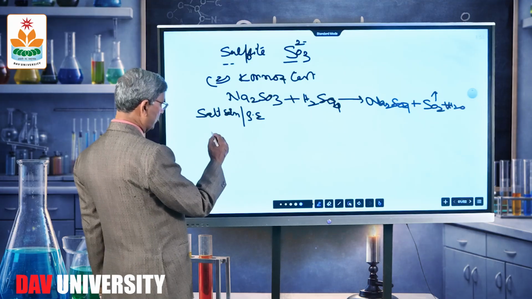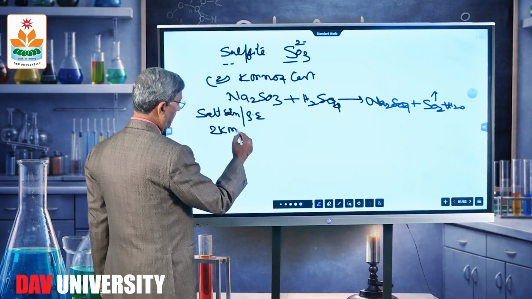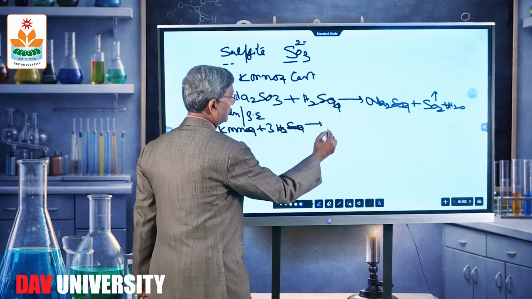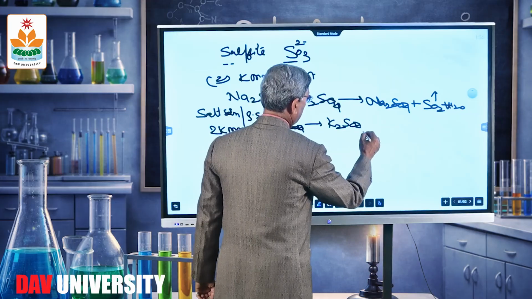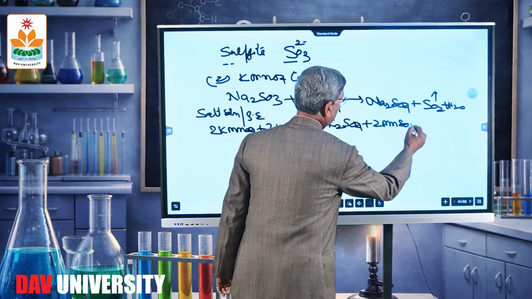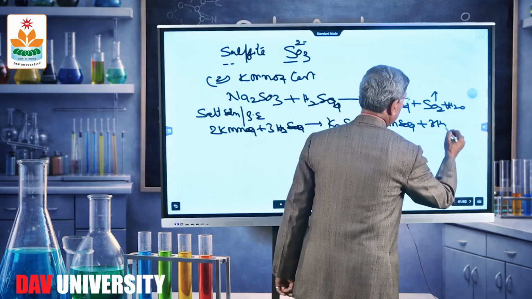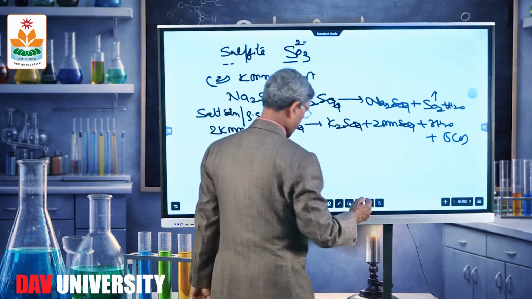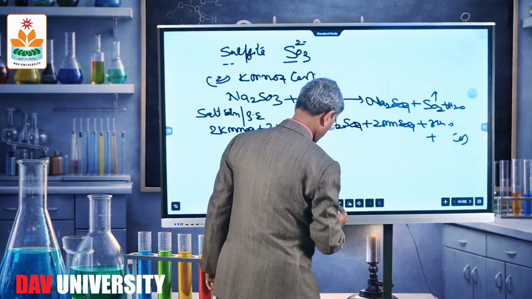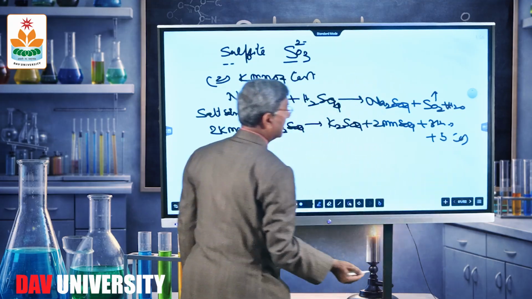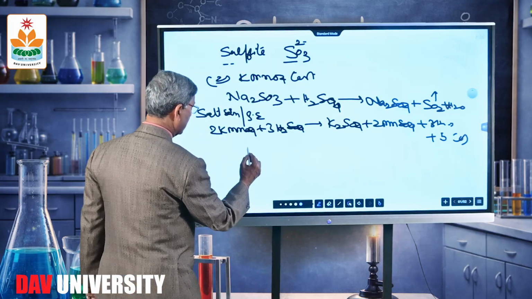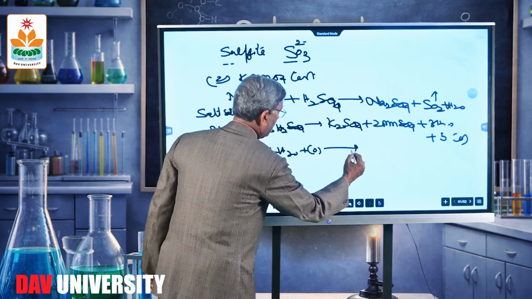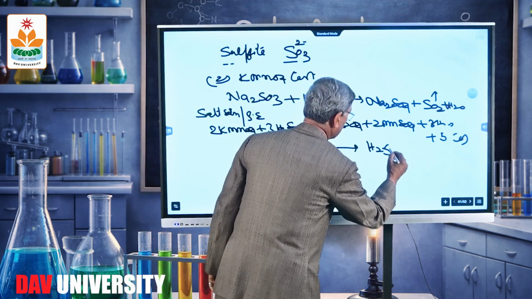The equation for that is 2 KMnO4 plus 3 H2SO4 gives K2SO4 plus 2 MnSO4 plus 3 H2O plus 5 O. Then this nascent oxygen combines with sulfur dioxide. This will give you H2SO4.